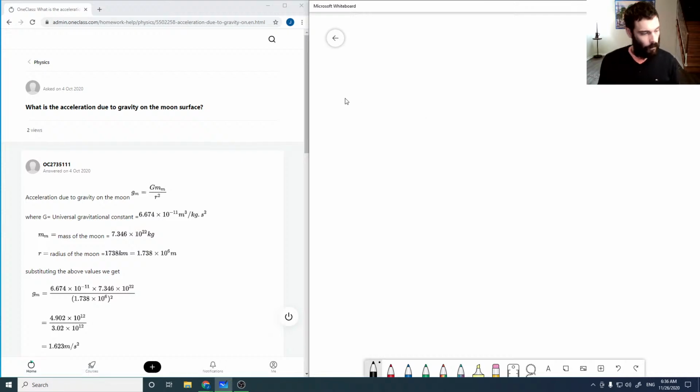Alright. And, okay, so the second question asks, what is the acceleration due to gravity on the moon's surface? So our gravitational equation is just G m1 m2 over r12 squared.